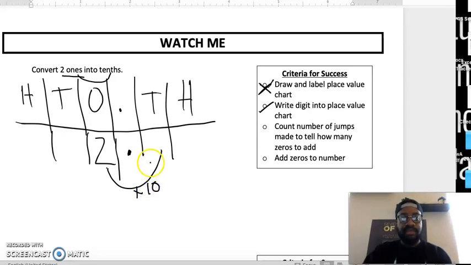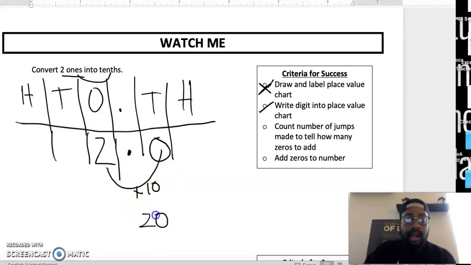Well, 1 jump is times 10. So 2 times 10, or just count that 0, which is 1 0. So I'm going to add 1 0, which gives me my new number of 20.